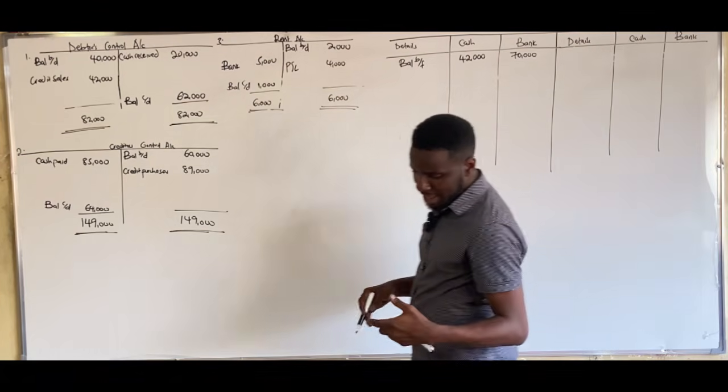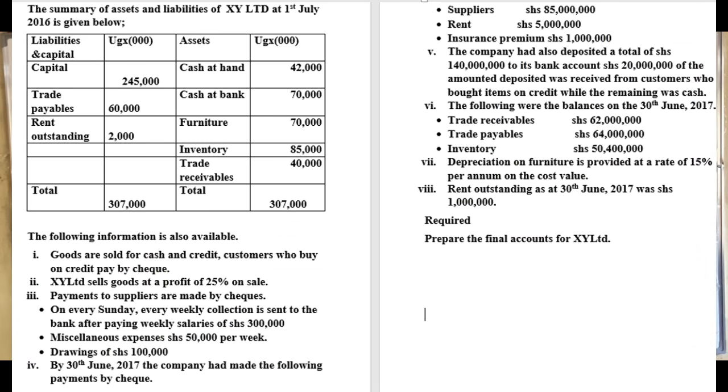Then the next instruction was saying that these expenses are paid out every Sunday. We pay out these expenses before sending the money to the bank. So the very first one is salaries. I told you that we are going to multiply this amount with the number of weeks in the year. So if they give you 300, we're supposed to multiply it by the 52 weeks in the year.